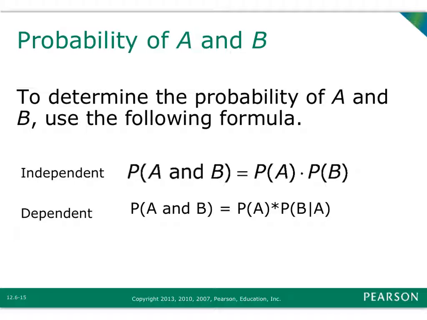However, if our events are dependent, in other words, if we do the event A, and it affects or changes the probability of B when we do the experiment B, then it is the probability of A times the probability of B given A has occurred, and therefore we call it a dependent event. Both formulas are the multiplication property of probability.